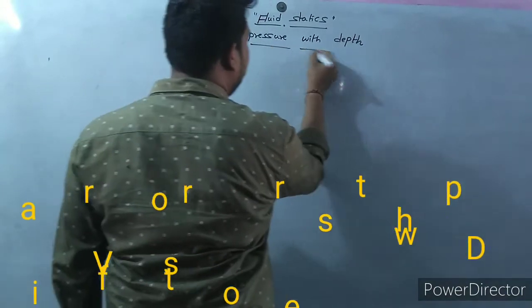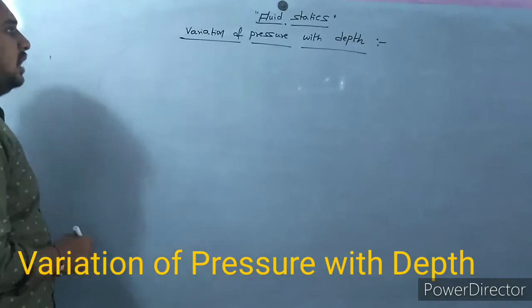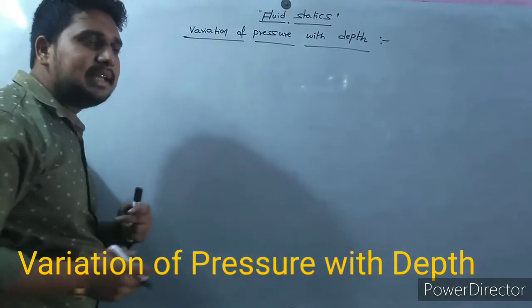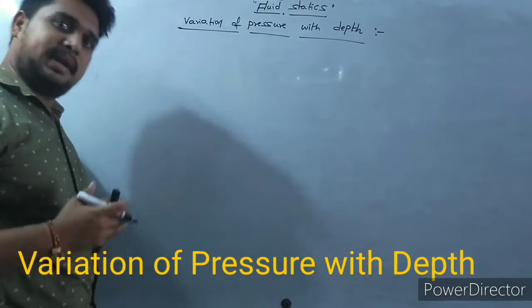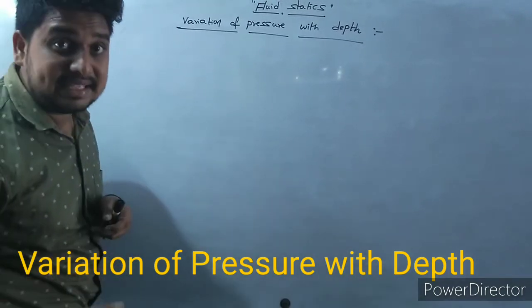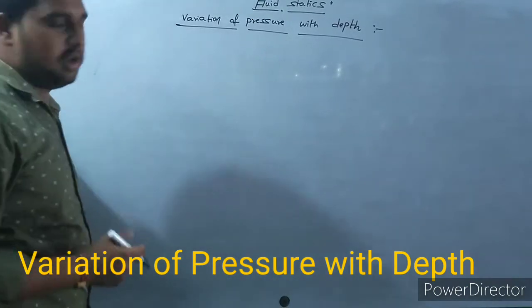Observe carefully how the pressure varies with the depth. If depth increases, does pressure increase or not? If depth decreases, does pressure decrease or not? How pressure varies, I will discuss now.